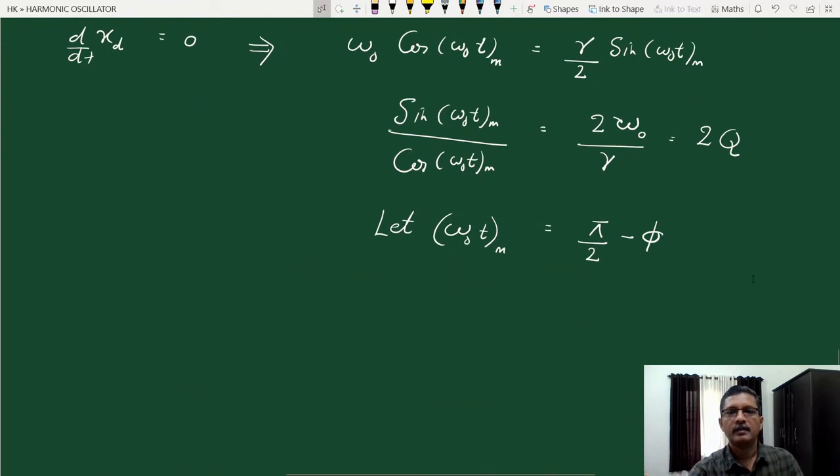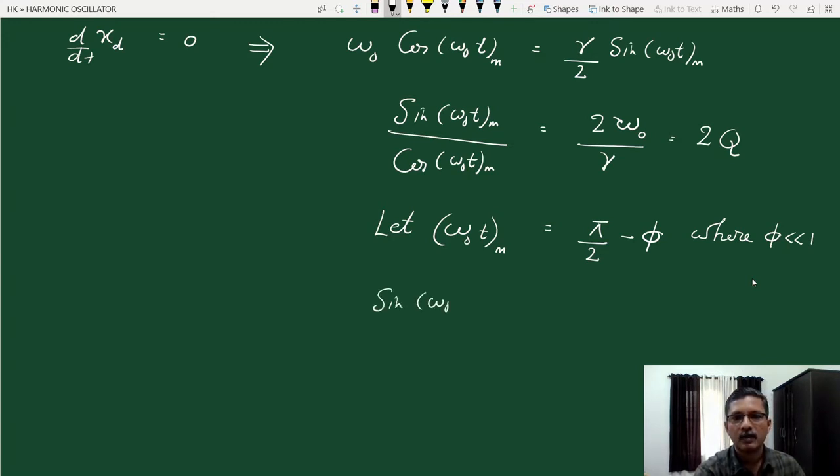Then what about our equations, where phi is very small compared to 1. Okay, it's a very small angle, so then we can make an approximation. What about the numerator in the above equation? Sine omega 0 t m becomes sine of pi by 2 minus phi, right? Instead of omega 0 t m we substitute pi by 2 minus phi, and sine of pi by 2 minus phi is cos phi.